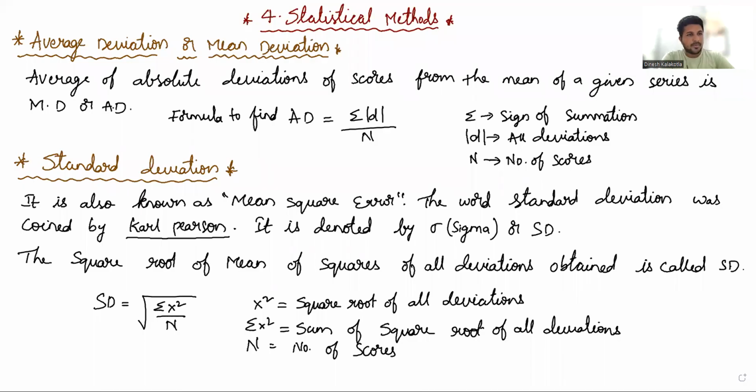Let's see average deviation or mean deviation, and then standard deviation. Okay, first is average deviation. Average of absolute deviations of the scores from the mean of a given series is mean deviation or average deviation. Okay, so it's very simple. Whatever the deviations that we get from the given data.